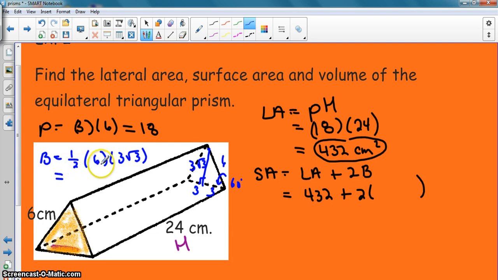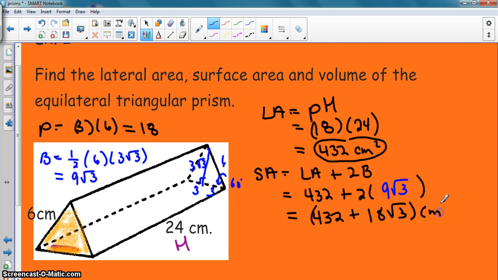Half of 6 is 3, and 3 times 3 root 3 is 9 root 3. So my base area is 9 root 3. So that's what's going to go in this parenthesis. So now I have 432 plus 2 times 9, or 18, root 3, and this is in centimeters squared.